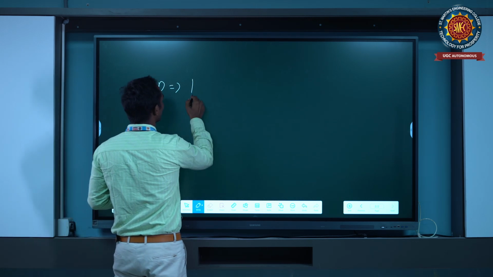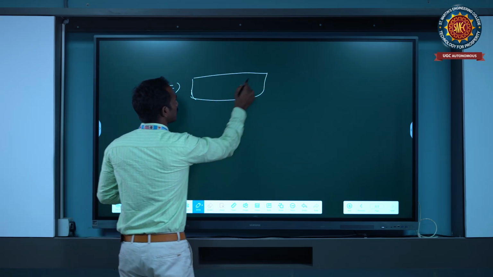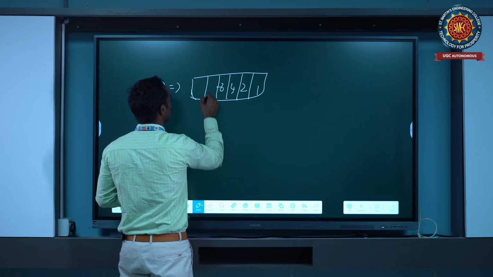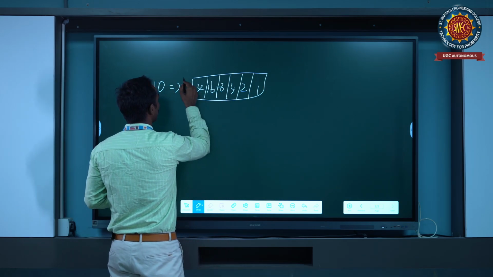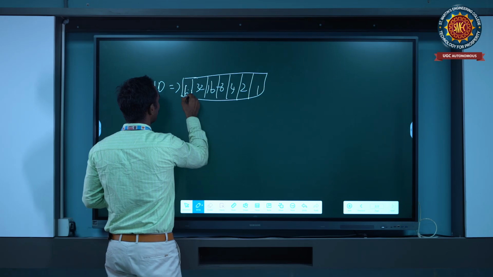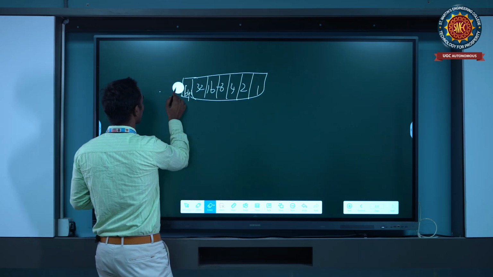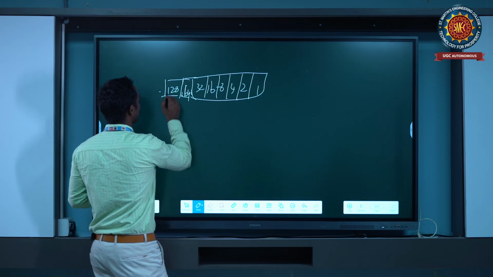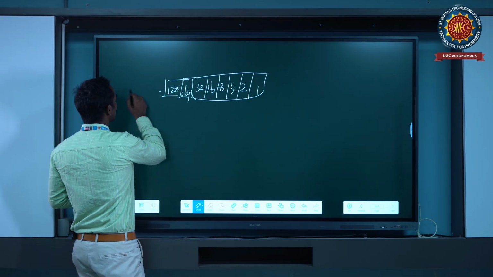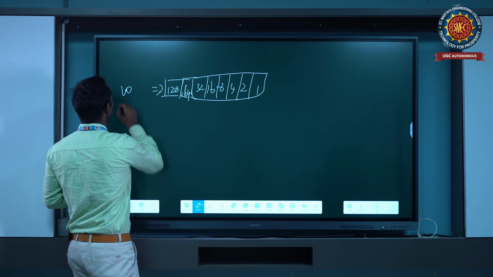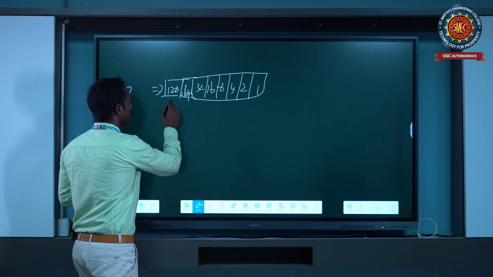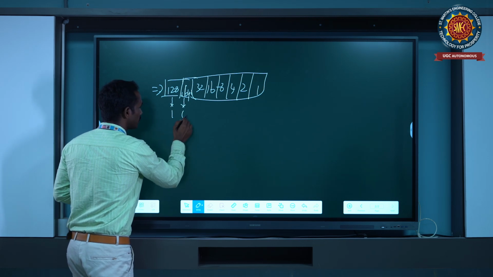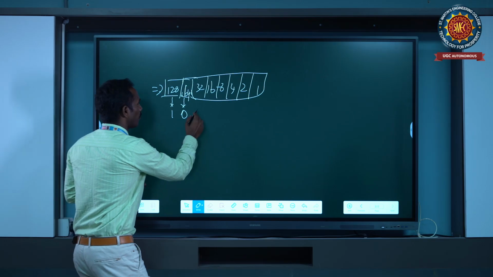So we have to write the same thing: the 8-bit values 1, 2, 4, 8, 16, 32, 64, 128. Put the value 1, 0 for the fixed bits. Remaining all are 1.